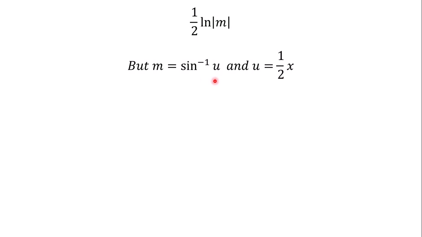So when you see this, m is equal to sine inverse of u and u is equal to 1 over 2x, then definitely m will be equal to sine inverse of 1 over 2x. Okay, so that is what I'm going to write in the next step. So I'm going to get 1 over 2 natural log absolute value of sine inverse of 1 over 2x.